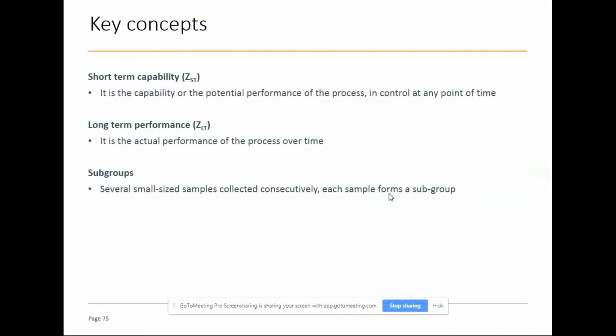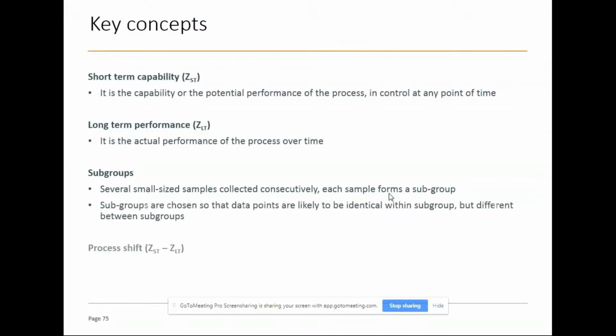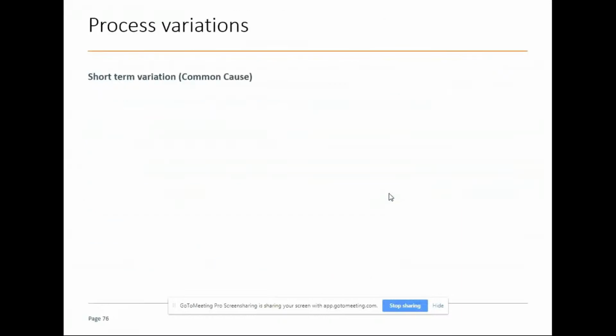No. In the long term, the process is less efficient as compared to the short term. So when you get less efficient, the process gets worse. Okay. So the bell curve in the long term would get broader, and in the short term it will get narrower. Okay, got it. Perfect.